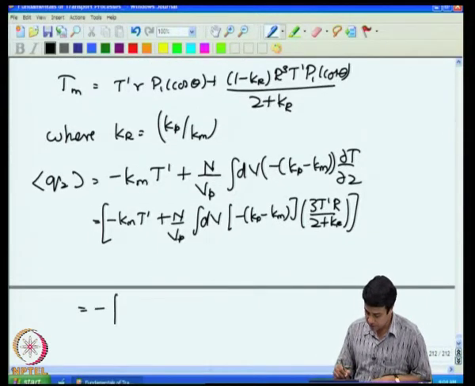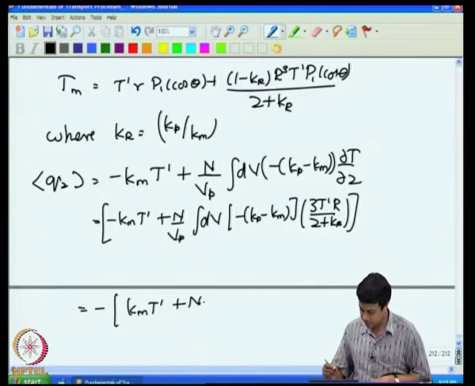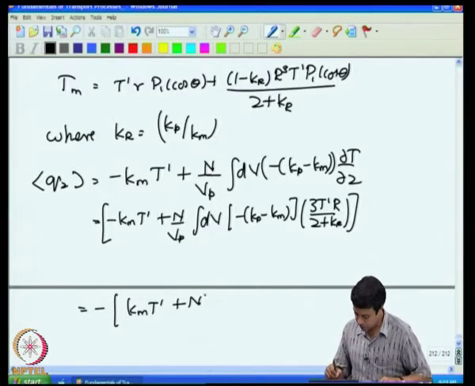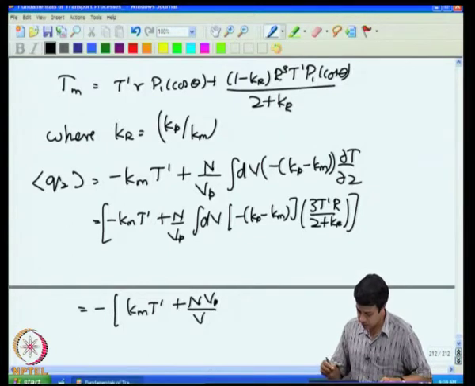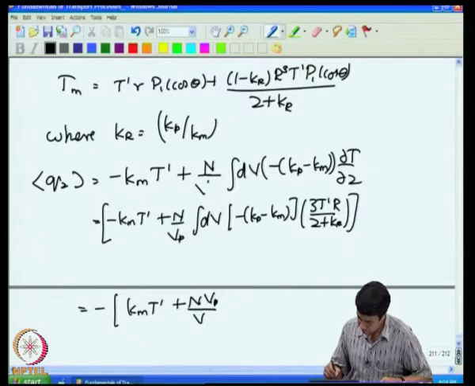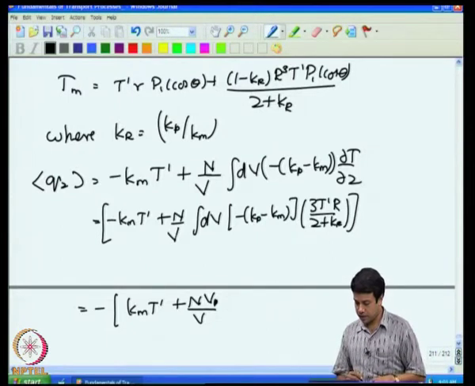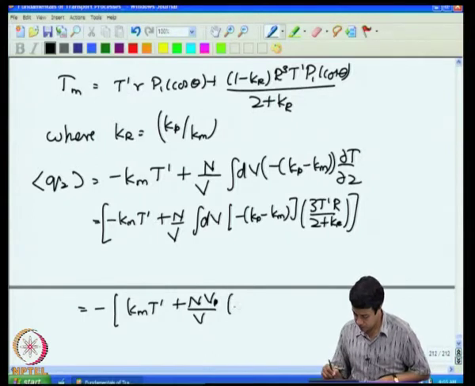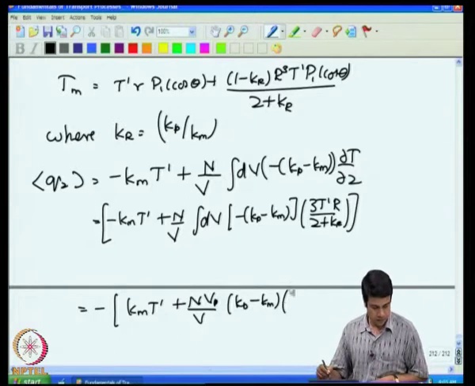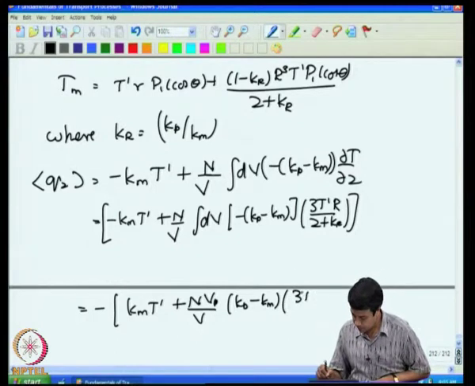This will give me minus of Km T prime plus N into the volume of one particle divided by the total volume into Kp minus Km into 3 T prime by 2 plus Kr.